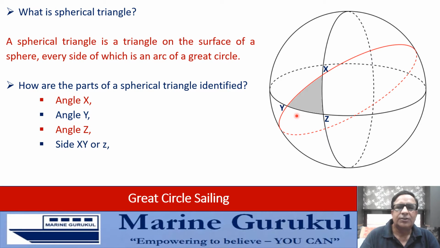So side XY, either you can say side XY or you can represent it with small z, as you can see in the diagram. Side YZ, you can represent by small x. And side XZ, you can represent by small y. So you can represent the sides either by using the combination of the vertices, or you can use the opposite angle in the lower case.